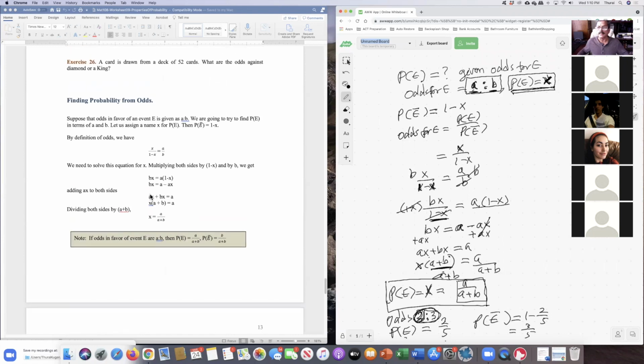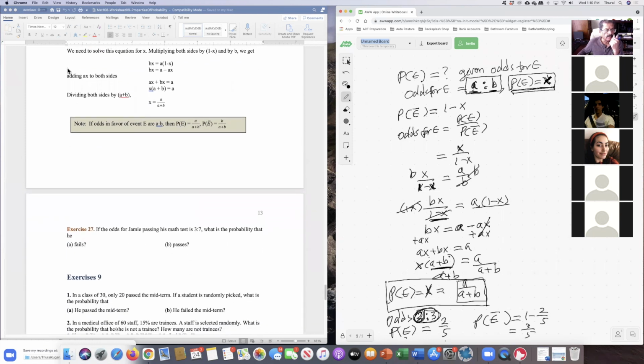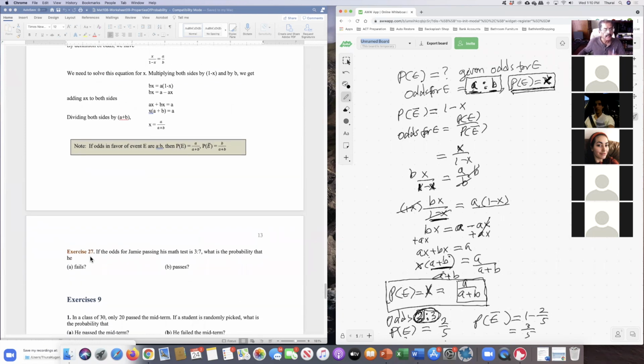Professor, what's the answer for A again? I'm sorry, for which one? Part A, yeah. To answer part A, I would begin with part B because the odds given to us is for the event. Odds for the event is given as 3 to 7, so odds for passing the math test is 3 to 7.